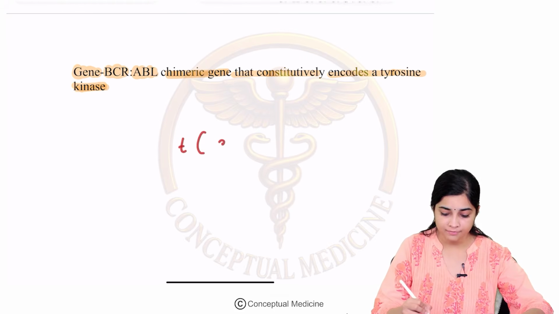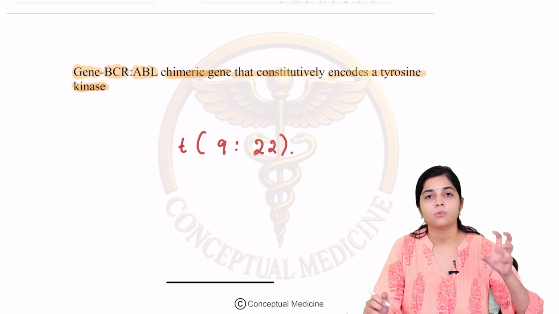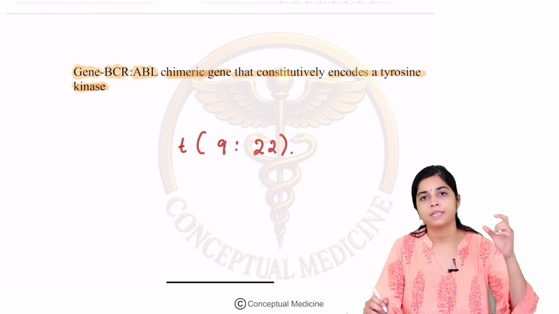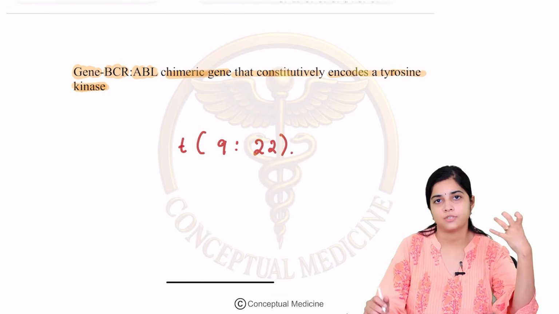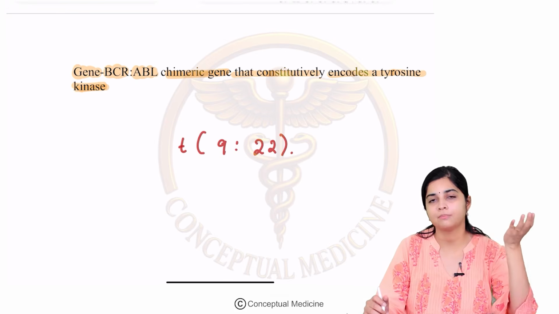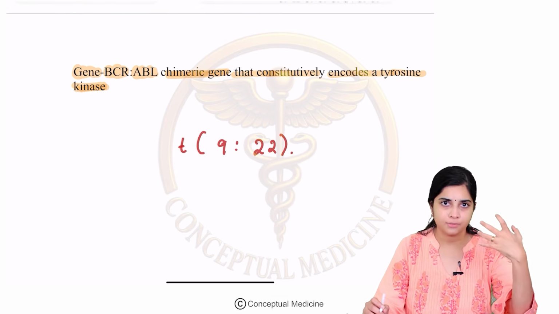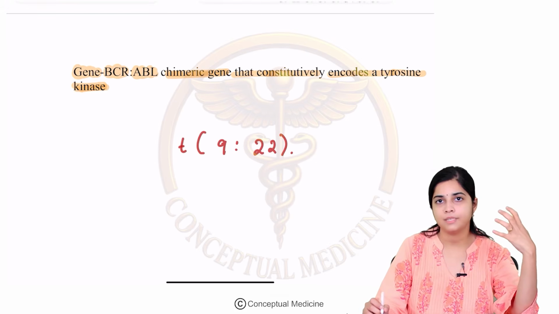The numbers are very important: the 9;22 translocation. Some genetic material is transferred from the long arm of chromosome 9 to chromosome 22. In this process, a chimeric gene is formed, the BCR-ABL gene.